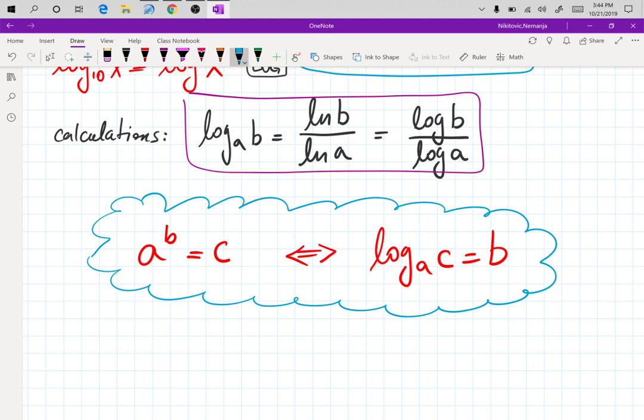If you have an exponential equation, you have to convert it into logarithmic to solve. If you have a logarithmic equation, you convert it into exponential to solve.